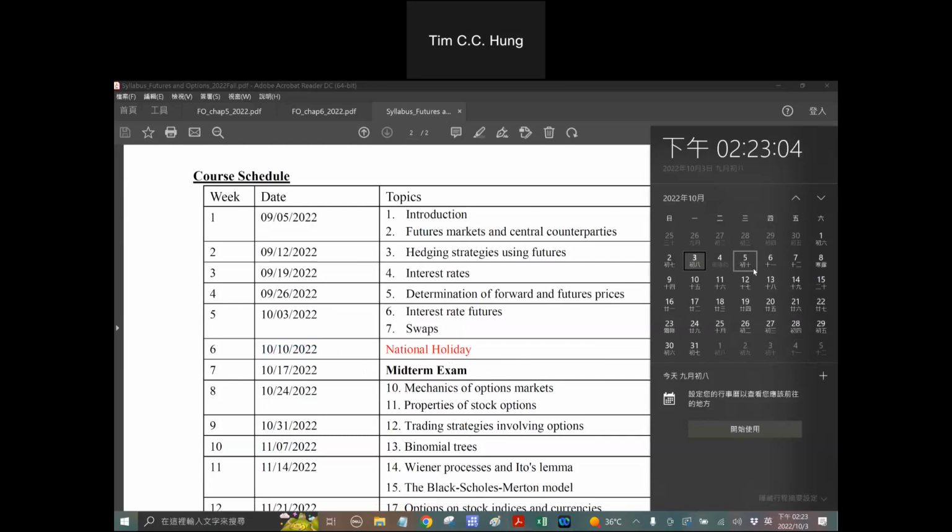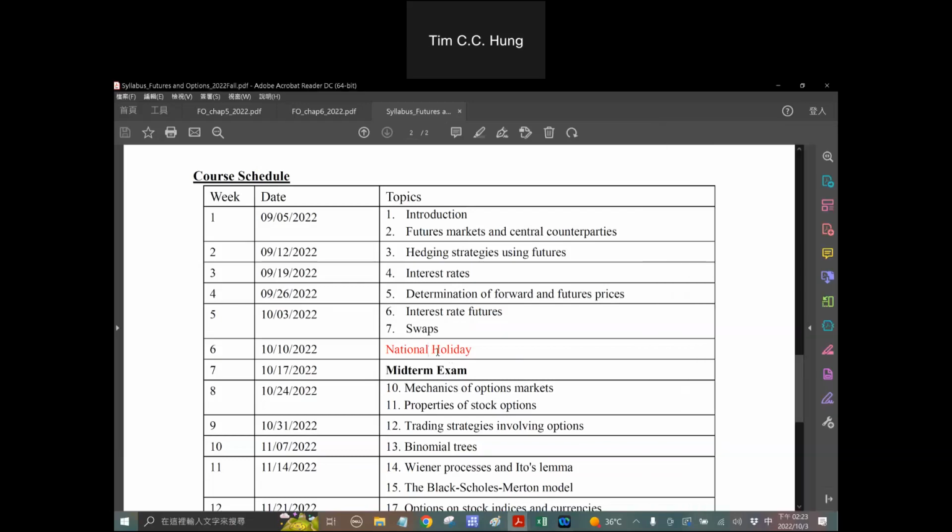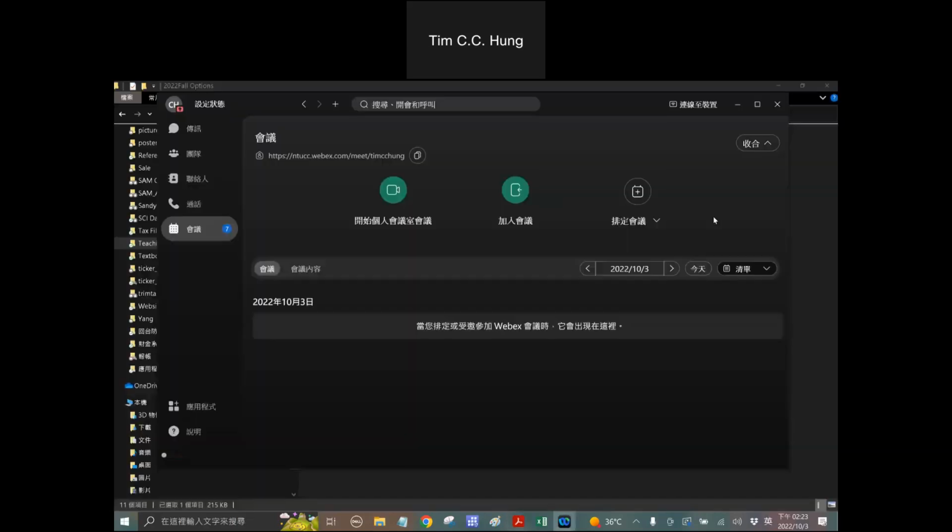You can start working on it if you think you have prepared already. I'll give you an additional attempt so that you can practice during the week of the national holidays. Does that sound good for you guys? Okay, cool.